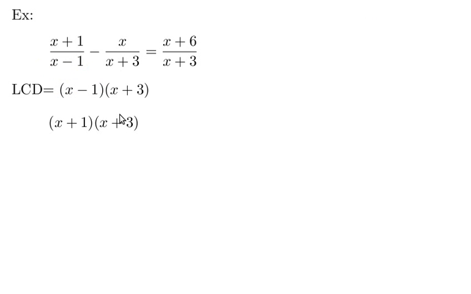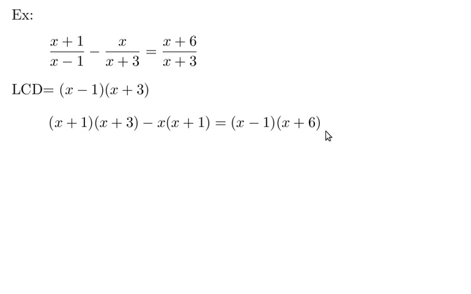Okay, so then we still have the subtract here, and then when you multiply this by the LCD, what you'll see is that this will cancel with this, and you'll have left over x times x plus 1. And then over here, this will cancel with this, and we'll have x minus 1 times x plus 6.